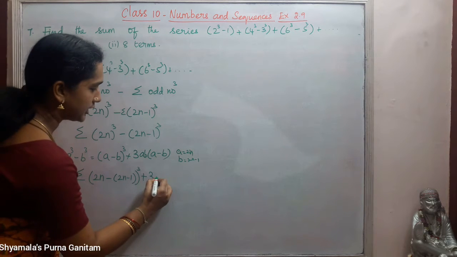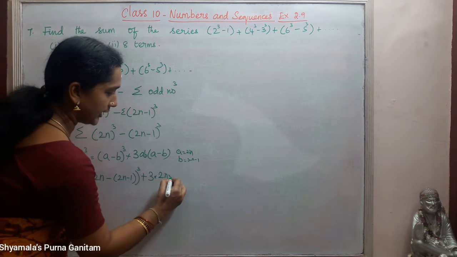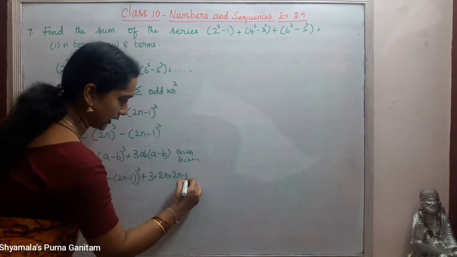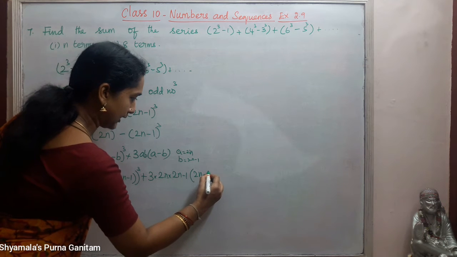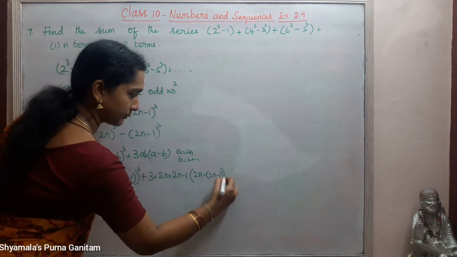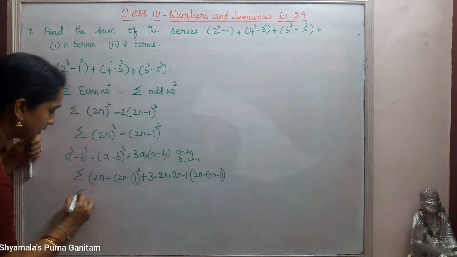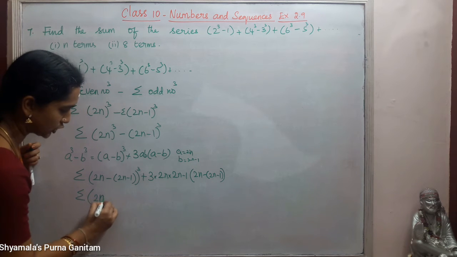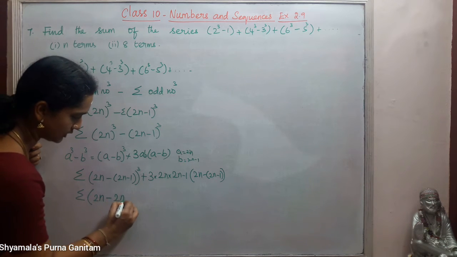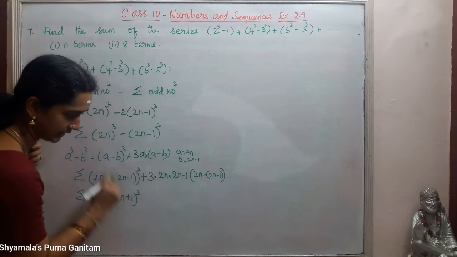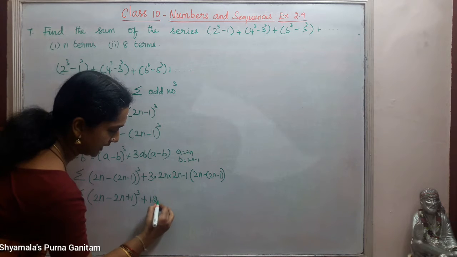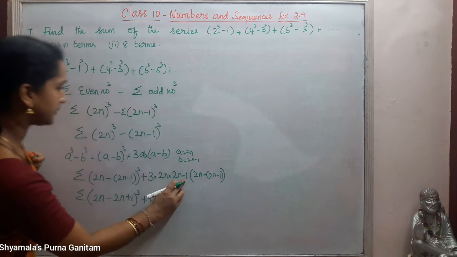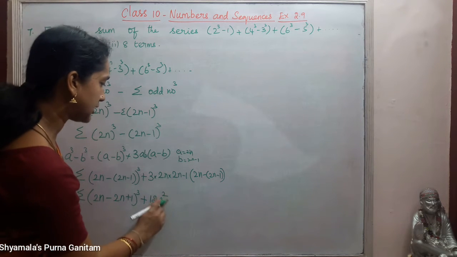So 3 into a is 2n, into b is 2n minus 1, into a minus b, that is 1. So we get 3 twos are 6, 6 twos are 12, n squared, and here 2n minus 1 is there.